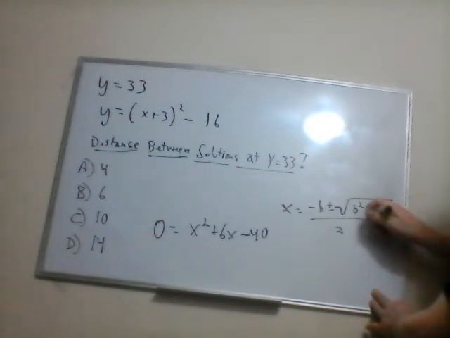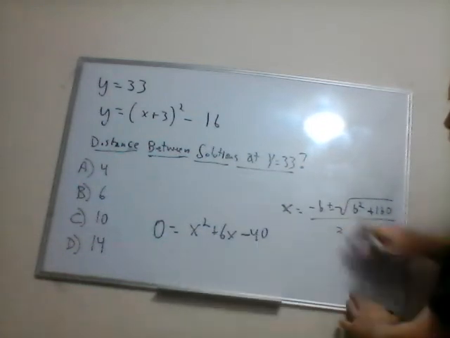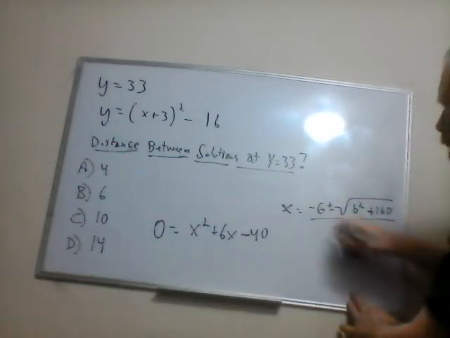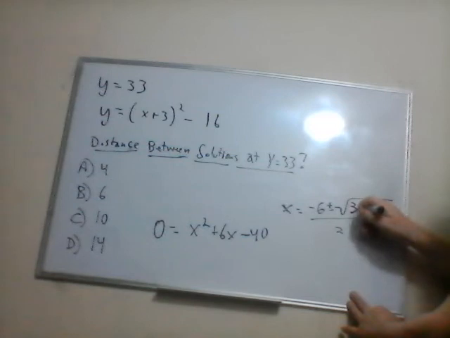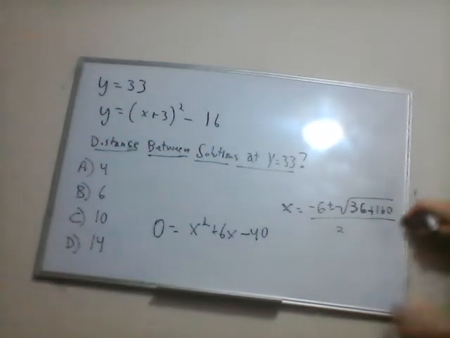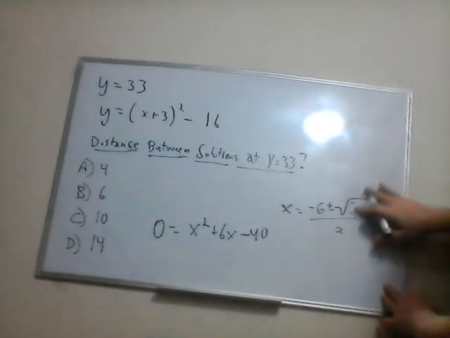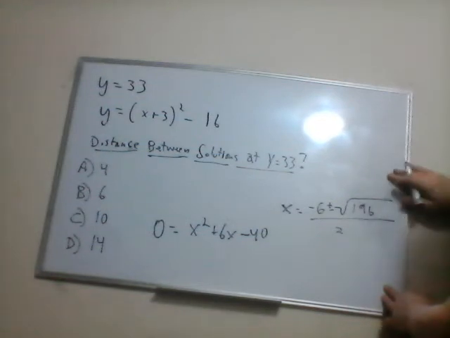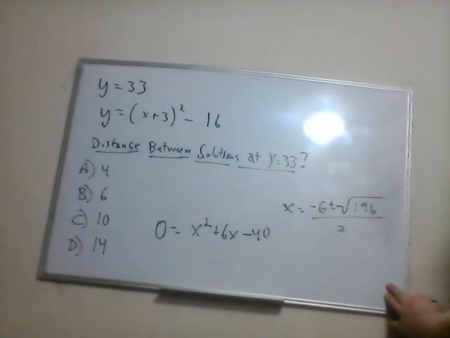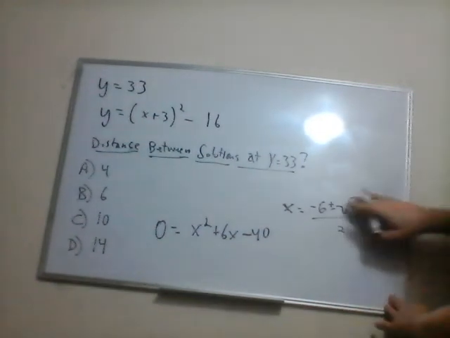B squared, this becomes minus 6. And that becomes 36. At this point, you probably wish you could use your calculator because that combines to 196. And if you are a normal student, you may either not know or may have forgotten that the square root of 196 is 14.